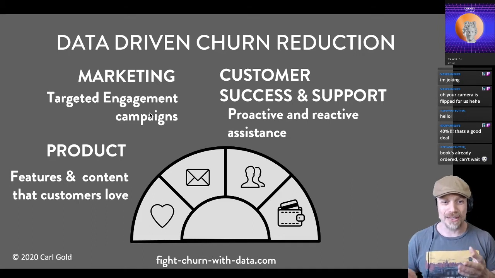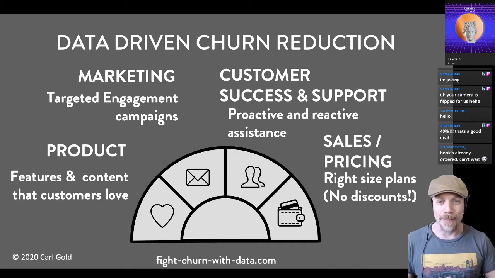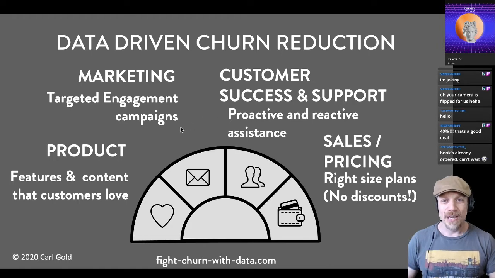You also do customer success and support with your data, reach out to your customers, proactive and reactive assistance. And lastly, you do sales and pricing. You want to right size your plans, like have a 3-tiered, good, better, best plan, so that everyone can get value on your product and service, but without giving out discounts. Many people think that fighting churn is about discounts. It's a bad idea to use discounts to fight churn, but you can use your data to come up with a better pricing plan. That's the advice.